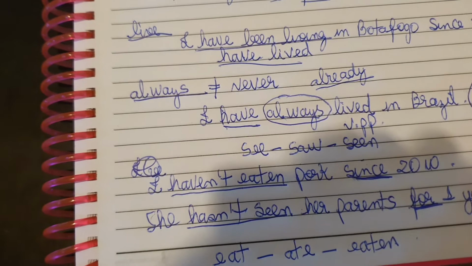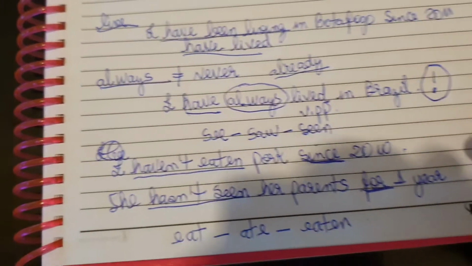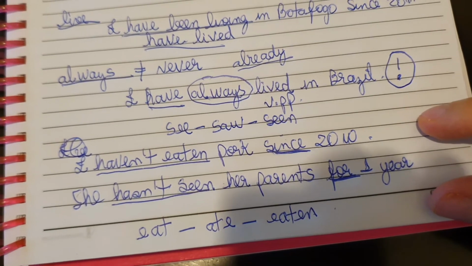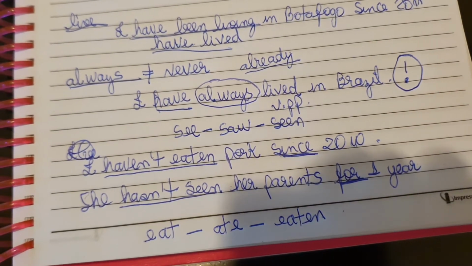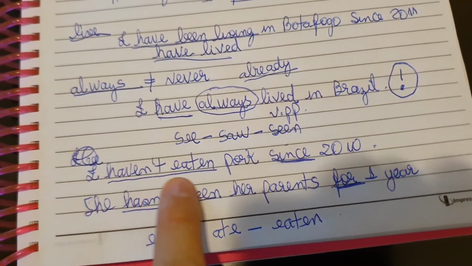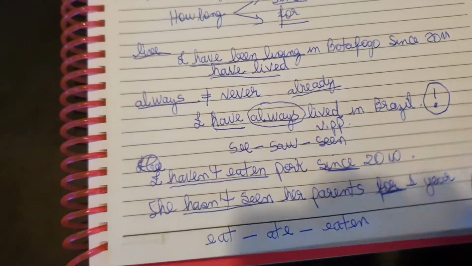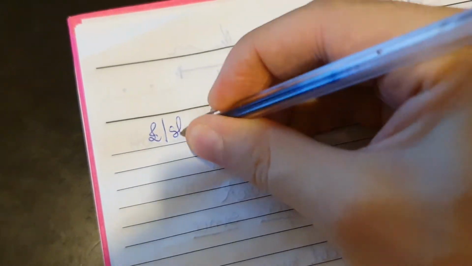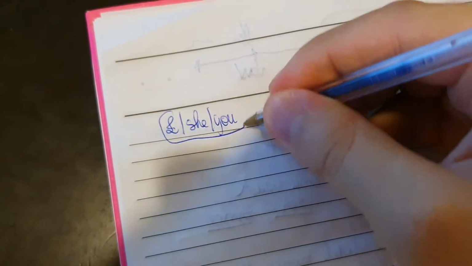In these situations, you use the present perfect simple. It's not possible to use the continuous, right? So when you have such expressions, I'm going to write the pattern, actually. For example, I, she, you. It can be anything, right? Any pronoun here.